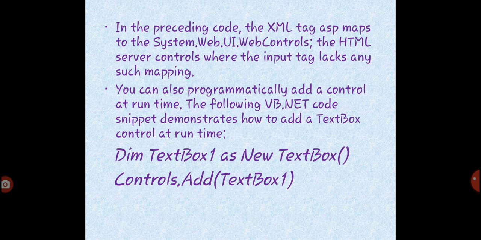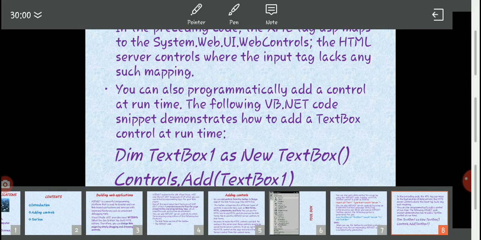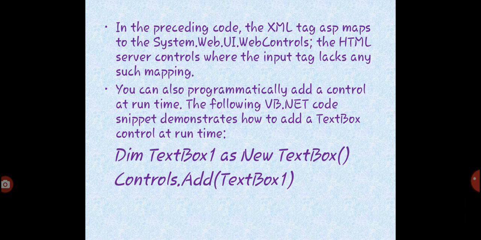Okay, so this is the VB.NET snippet using which we can create a text box. Dim is the declaration word. For declaration we are using the word Dim. So Dim TextBox1 As New TextBox, Controls.Add(TextBox1), right?